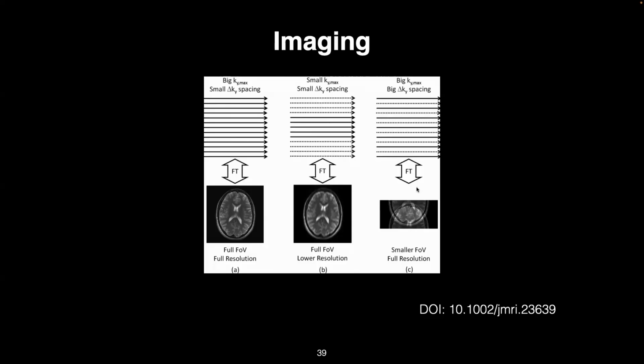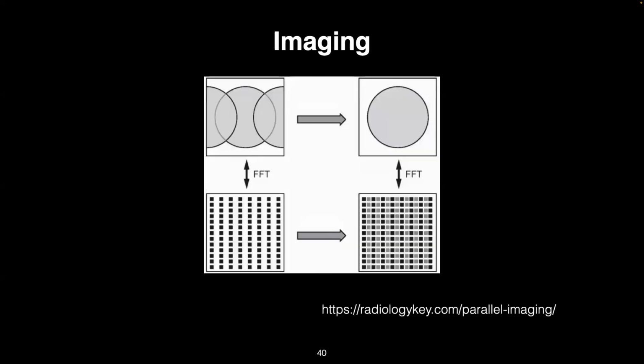So remember, if we just collect the same steps here in k-space, but we don't go as far out, so we're not collecting the outer bounds of k-space, then we're essentially losing resolution, because these higher k-space values out to the edges are what give us our fine edges, so our resolution.